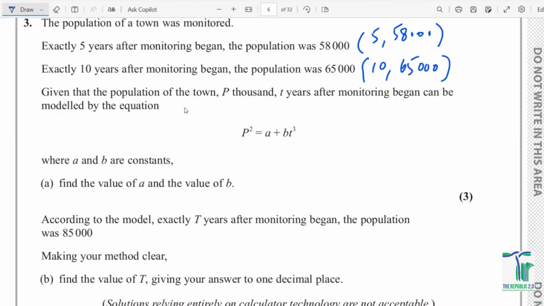Given that, you've got the model of the population versus time, and that is P squared is equals to A plus B t cubed, where A and B are constants, and we need to find out the values of A and B. So we can easily do question number A by just plugging both of these points in this equation, and getting two equations in terms of A and B, and then just solving them simultaneously.